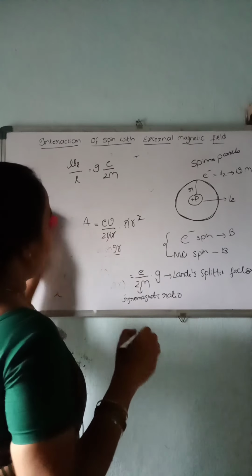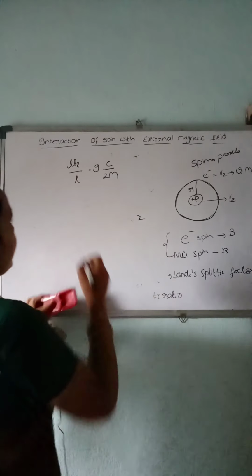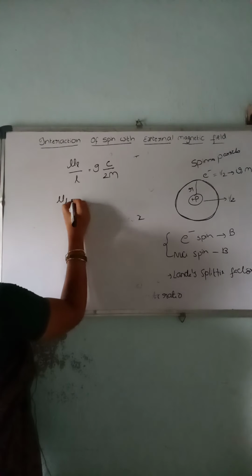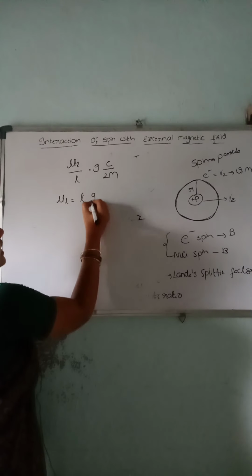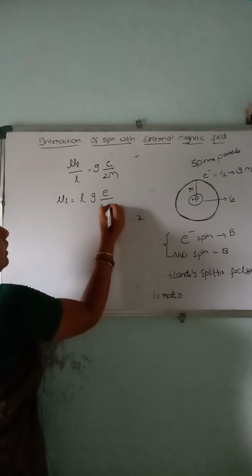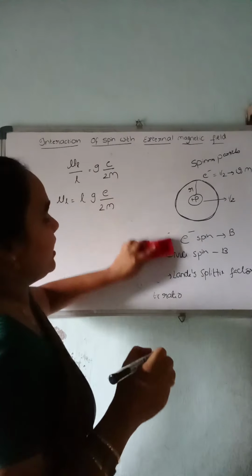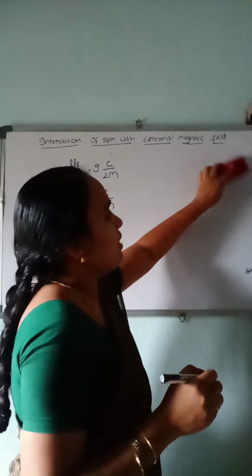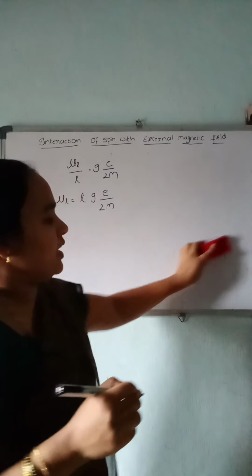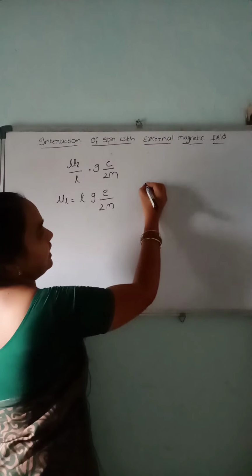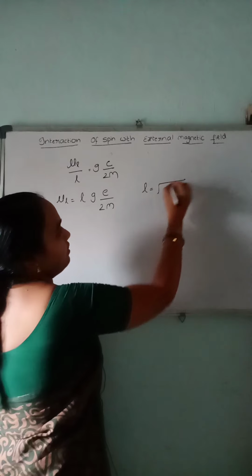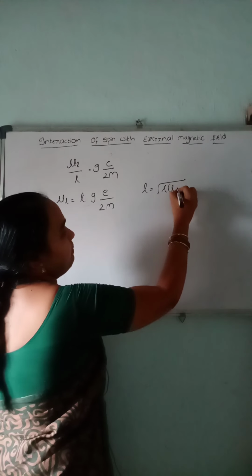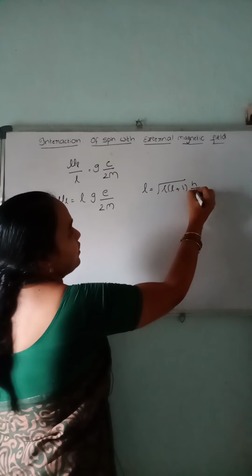Then what is the value of mu L? Mu L is equal to L g e/2m, where L is the orbital angular momentum. In quantum mechanics, the angular momentum can be designated as root of l(l+1) times h by 2 pi.